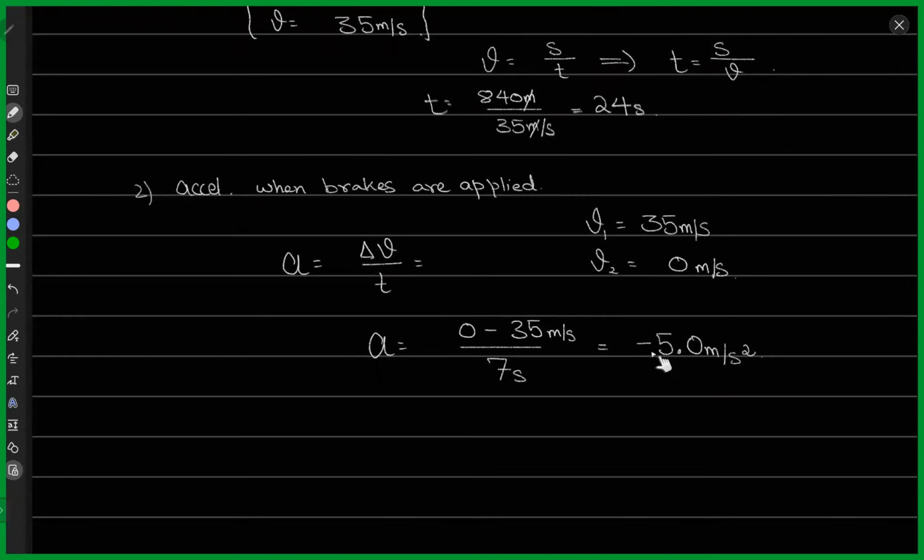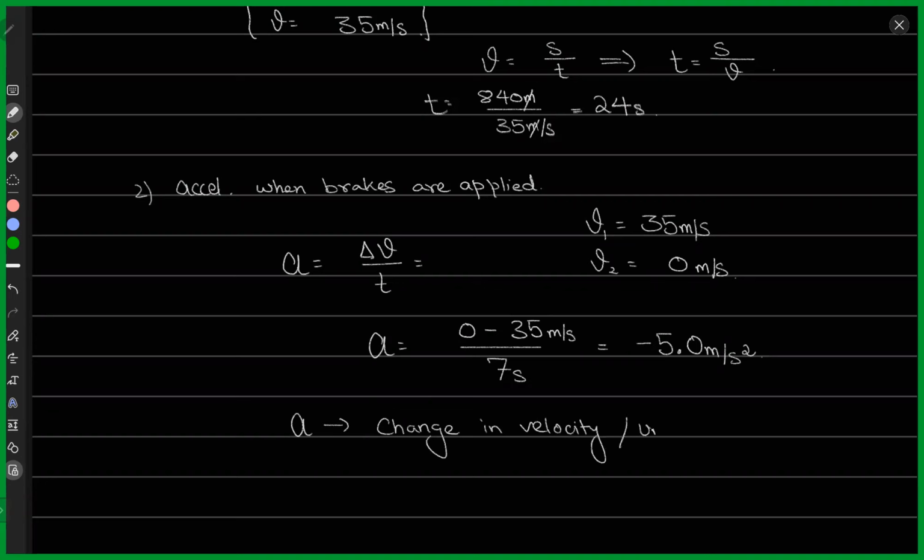This result is telling you, first of all, you see this negative sign over here. This negative sign tells you that the velocity is decreasing. Remember, acceleration was defined as the change in velocity per unit time, right?